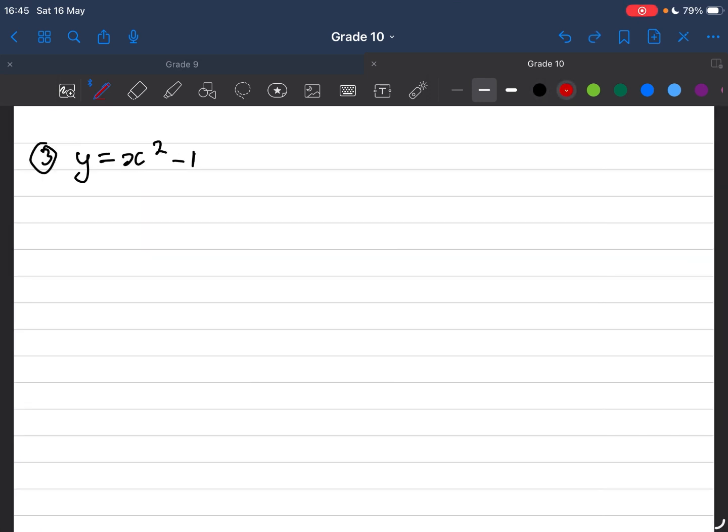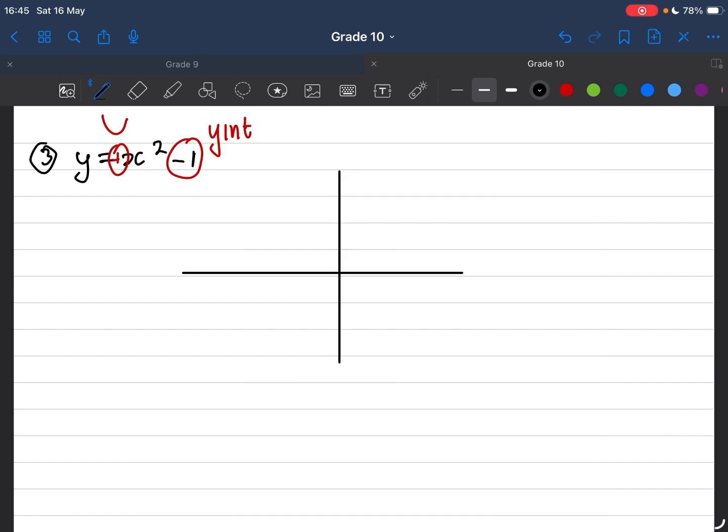For this one, we have a positive value here indicating a happy face and a negative value here for the y-intercept. Drawing our function with x and y axes, our y-intercept is going to be here at negative 1. So let's draw a happy face that touches negative 1.